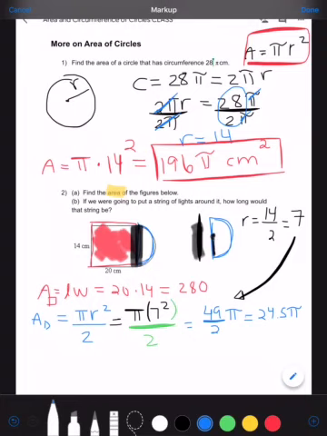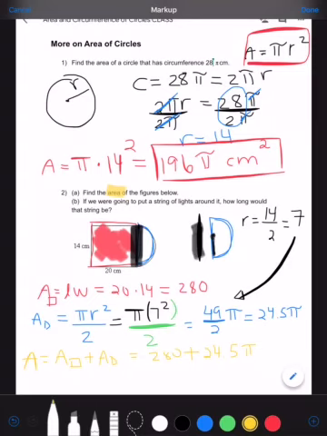And then the units, oh, I am not done because this is just the area of the semicircle, okay? So now I need to find the area of the whole thing, okay? And I'm going to do this, let's do it in yellow. So the area of the whole thing is going to be the area of the rectangle plus the area of the semicircle. So this is going to be 280 plus 24.5 pi, okay?